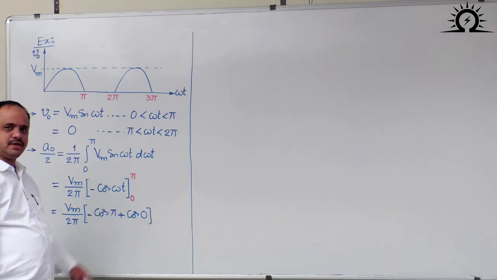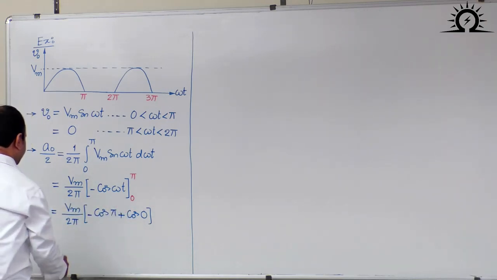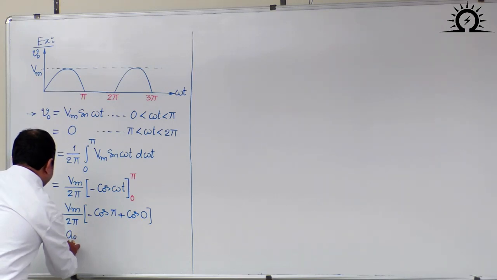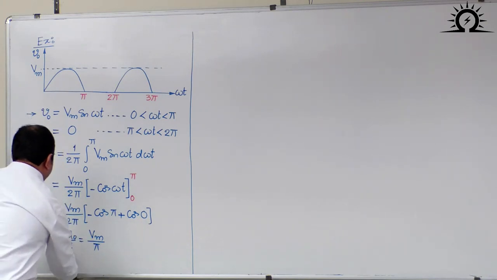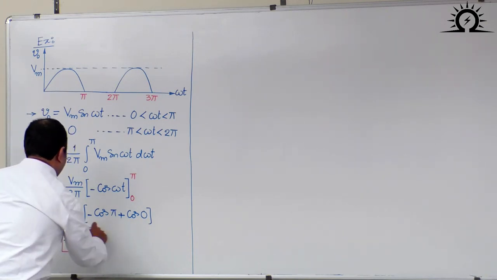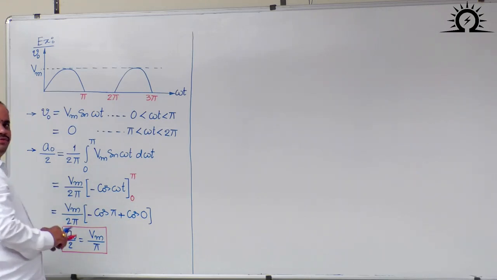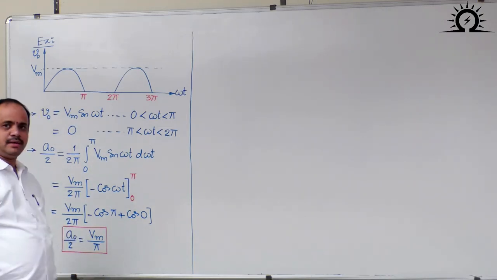This is 1, this is 1, that is 2. So 2 and 2 will get cancelled out. Hence a naught by 2 we will get Vm by pi.